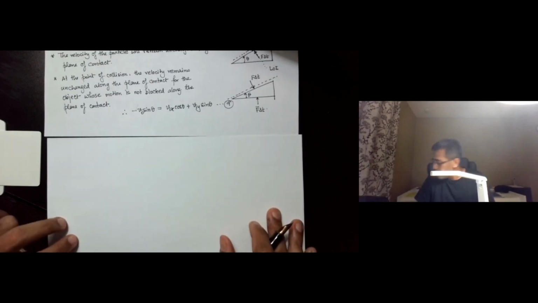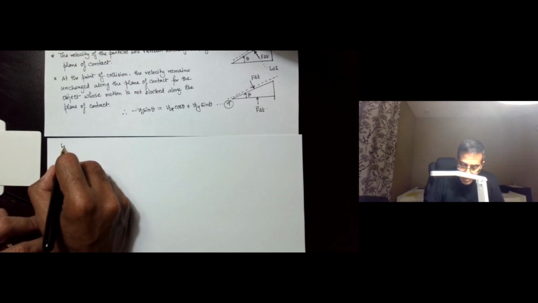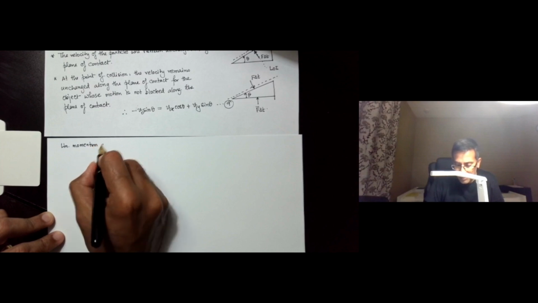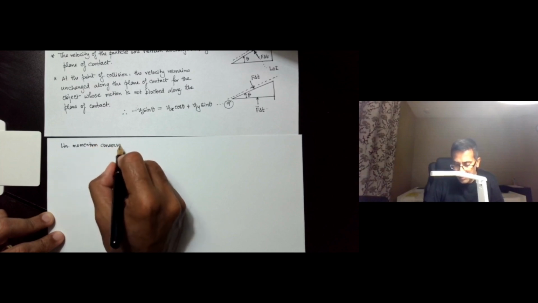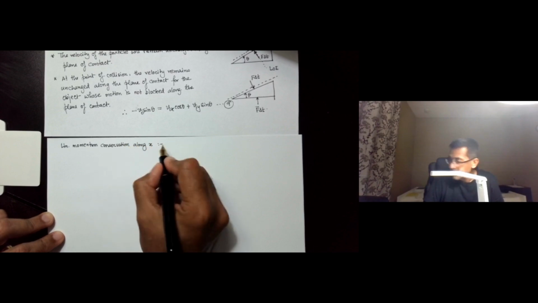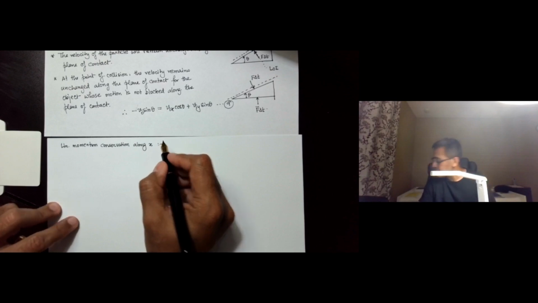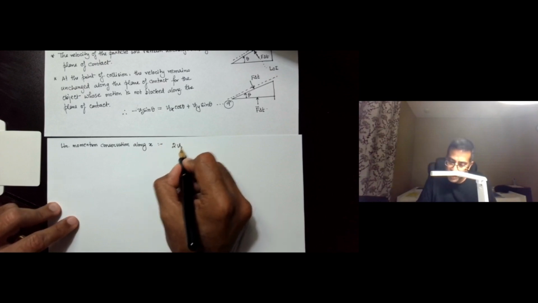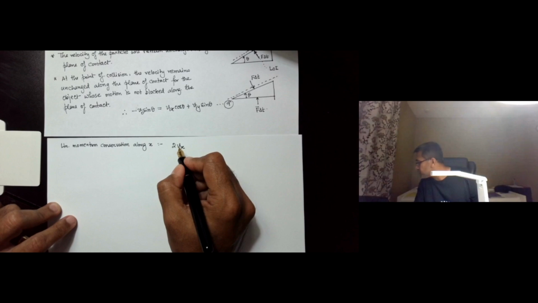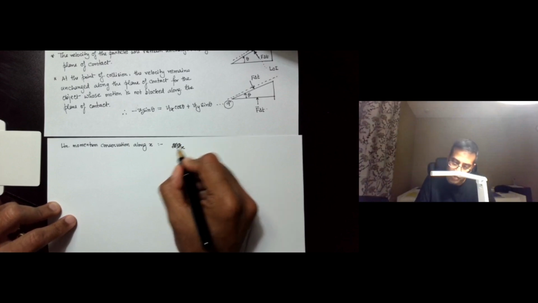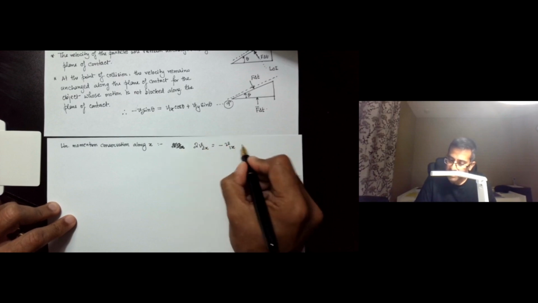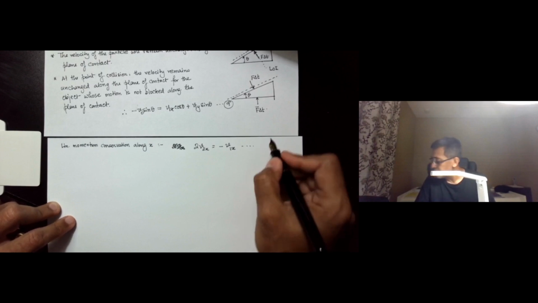The linear momentum conservation along x gives us 2v2x equals negative v1x. So this was our equation 5.